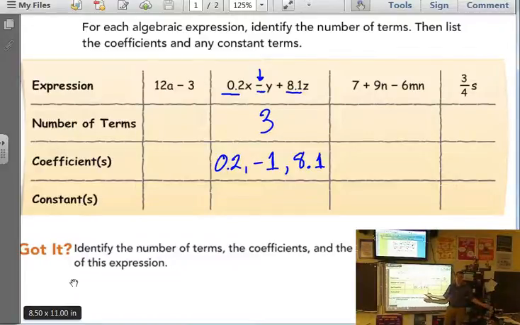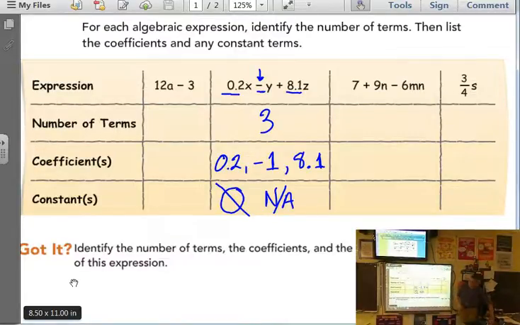We don't have any. The symbol for nothing is a 0 with a slash through it. That means the empty set. Or another option is you can put NA. Anyone know what NA means? Not available or not applicable. It doesn't happen. It doesn't exist. It can't happen. There are no constants.